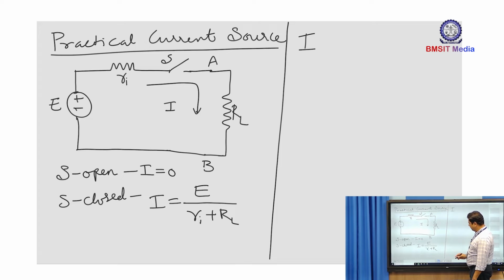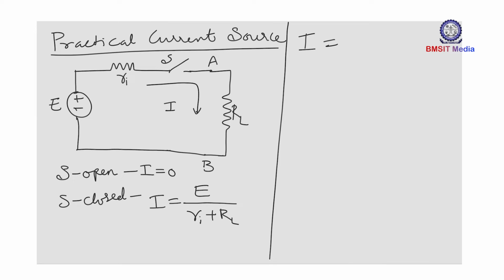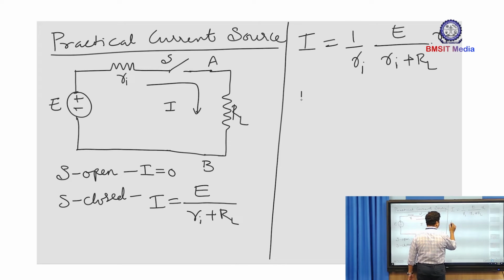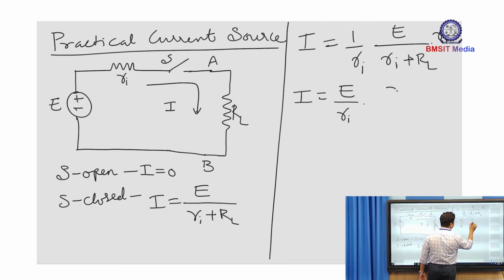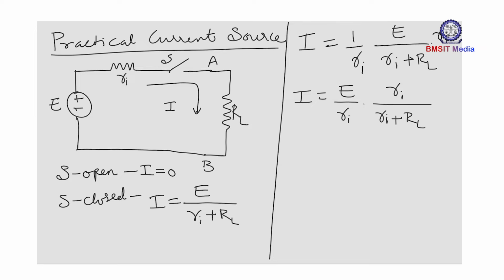I will multiply and divide the RHS of the current equation by the internal resistance Ri, and rearrange the terms such that I equals E by Ri into Ri divided by Ri plus RL, Ri into RL.